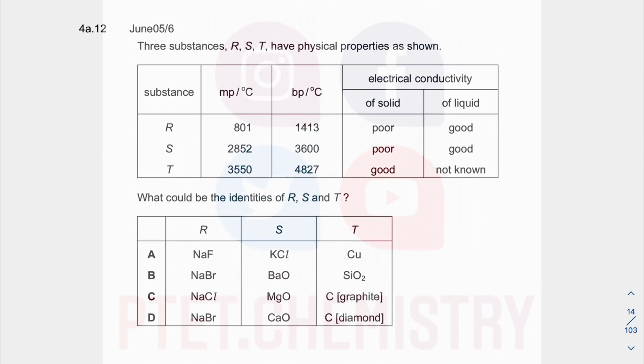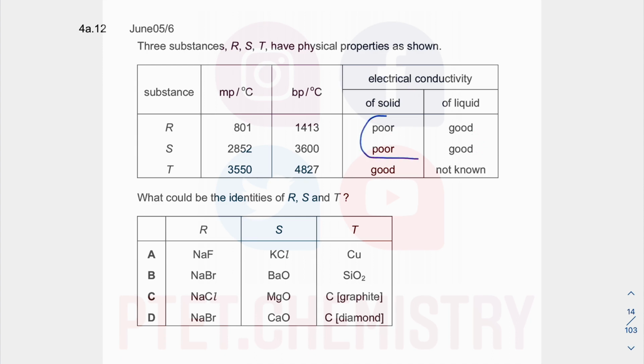Next question is about the electrical conductivity property of solid and liquid. So when we look at all of these, they are considered quite high melting and boiling point. They cannot be simple molecular, which, again, none of these are simple molecular, all right? These ones, they do not conduct when solid, but when they become liquid, they conduct very well.